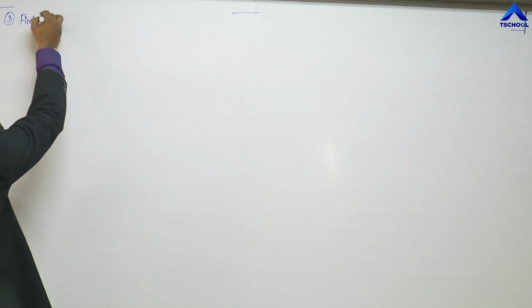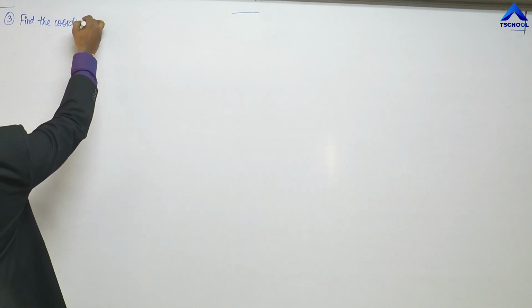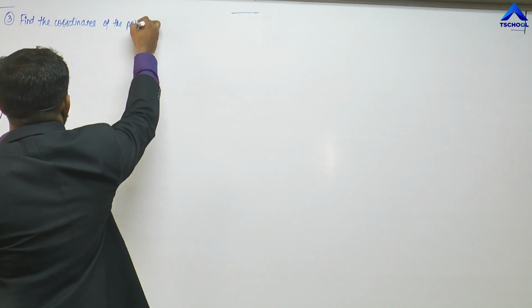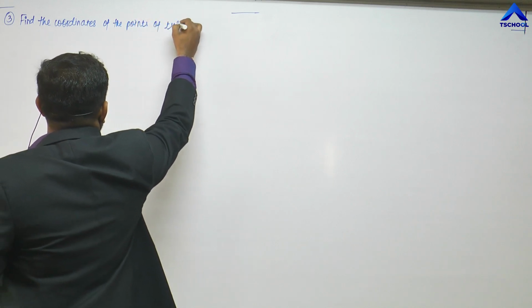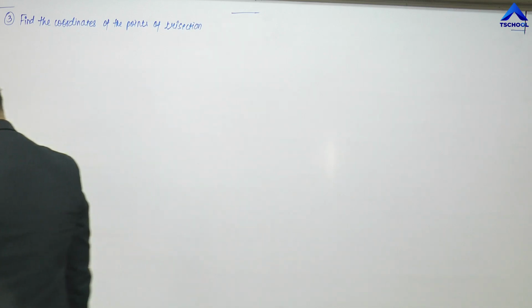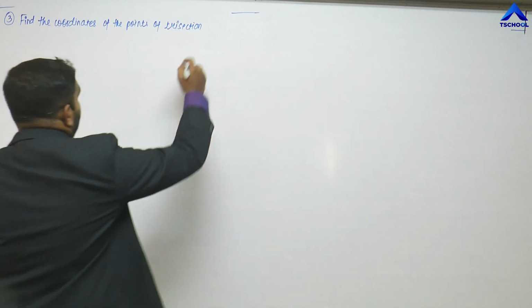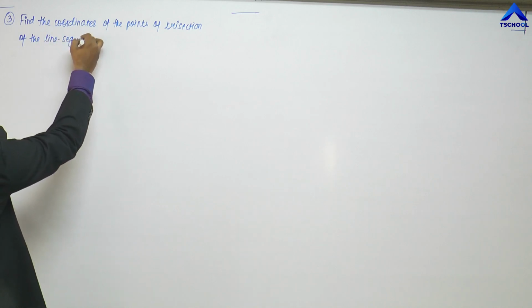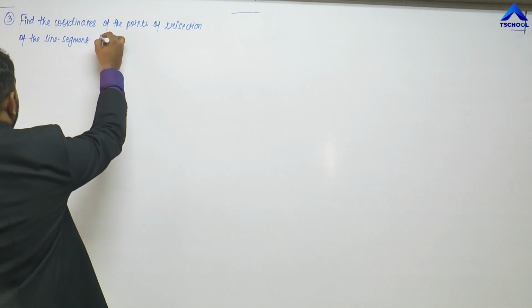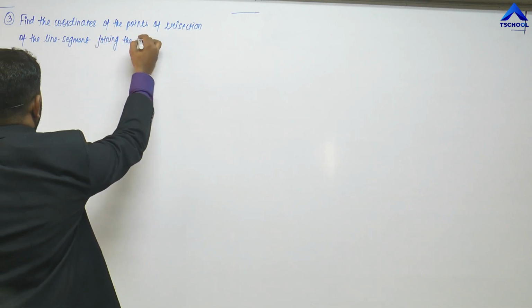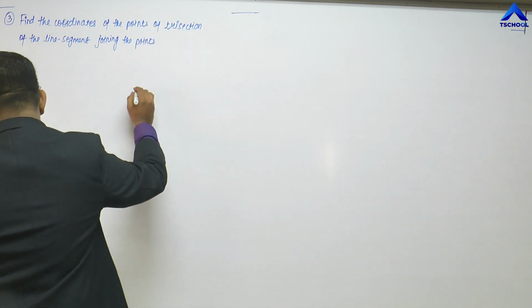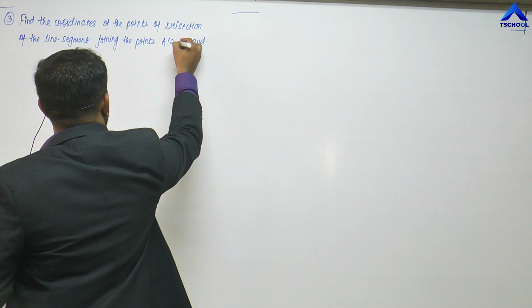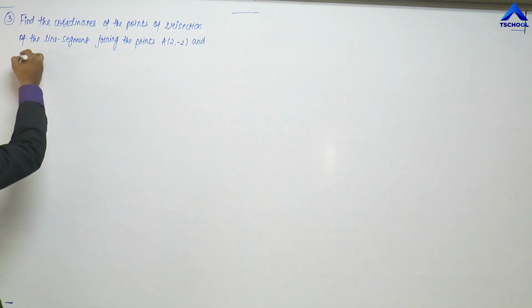Find the coordinates of the points of trisection of the line segment joining the points A(2, -2) and B(-7, 4).